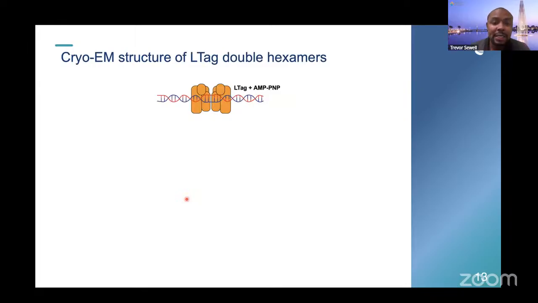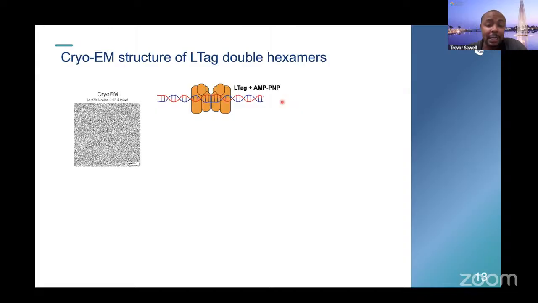To do this, we start with our first goal: to reconstitute the double hexameric helicase with the SV40 origin DNA. So we have an assembly illustrated here, but instead of ATP for hydrolysis, we substitute a non-hydrolyzable analog, AMP-PNP, such that we trap the complex.